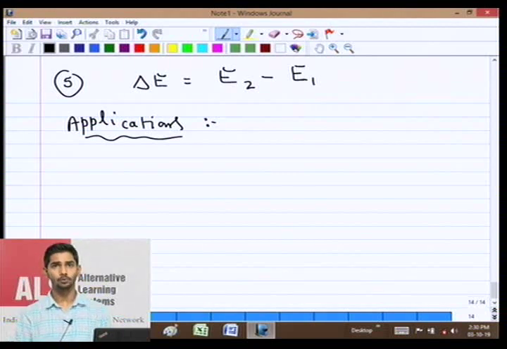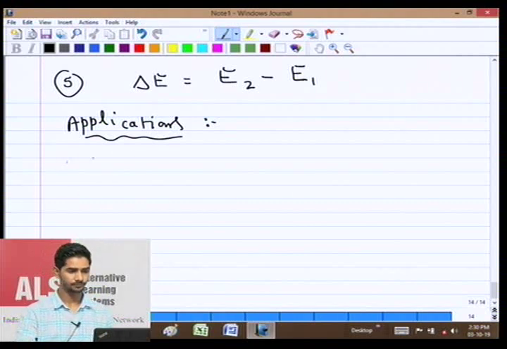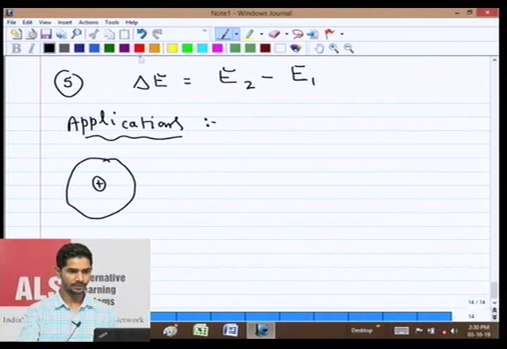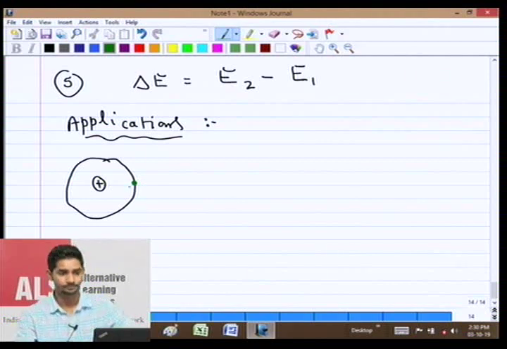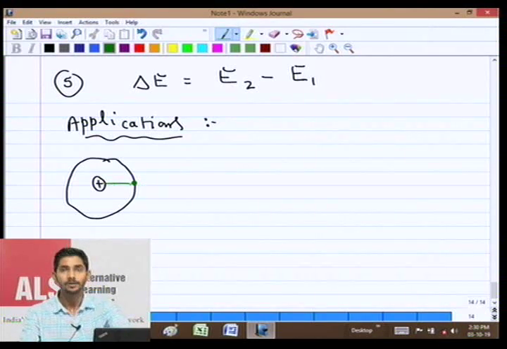So we need not derive all those relations. That is not part of our syllabus. We just have to remember those formulas. Okay, so let's begin. First of all, guys, you have to remember one thing. Let's suppose this is the electron. This electron is actually feeling two types of forces.